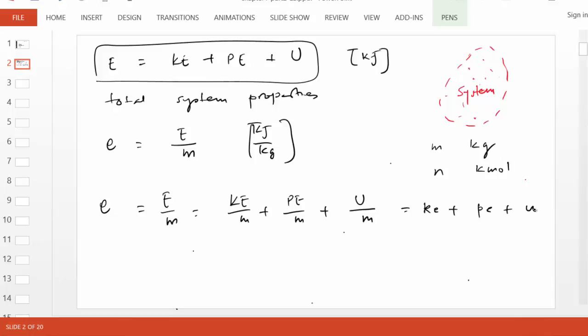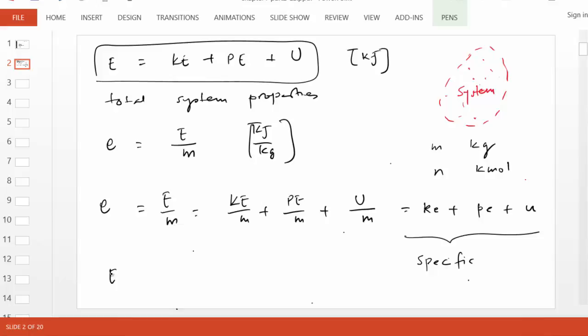So instead of writing KE over m all the time, we'll write small ke, small pe, and small eu. Using this stored energy, we want to establish a pattern here. These are called specific properties: specific kinetic energy, specific potential energy, and specific internal energy. So it's very easy to go back and forth between total and specific properties.